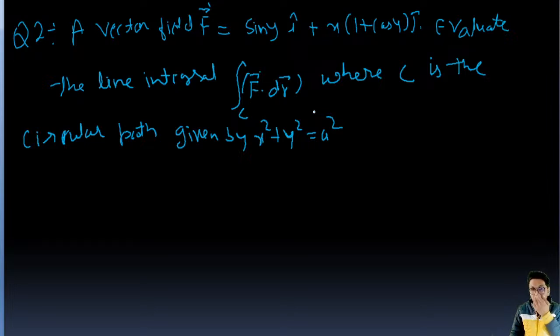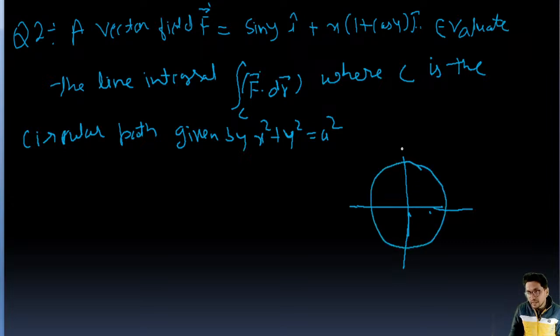Okay, so this is given, a vector field is given, and we need to evaluate the line integral of F dot dr, where C is the circular path given by x square plus y square equal to a square, means this is a circle of radius a. So this is a circle, guys. Okay, my drawing is not good. This is the radius a, and this is the equation.